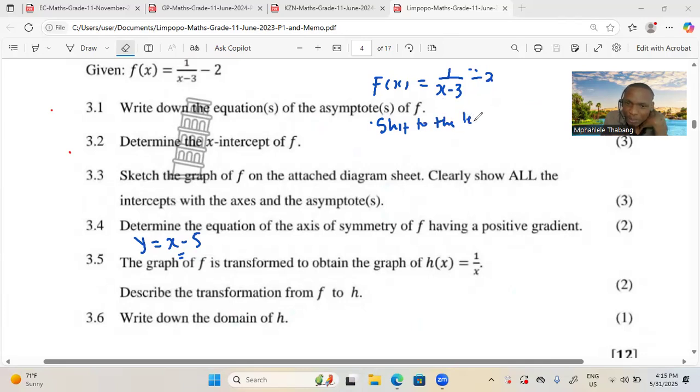If I say to you, shift to the left by 3 units, what you do is go to the variable x and you add 3. So you simply say f of x equals 1 over, to this x, you add 3.